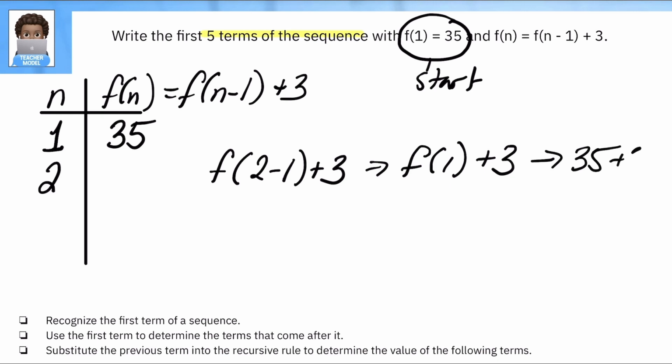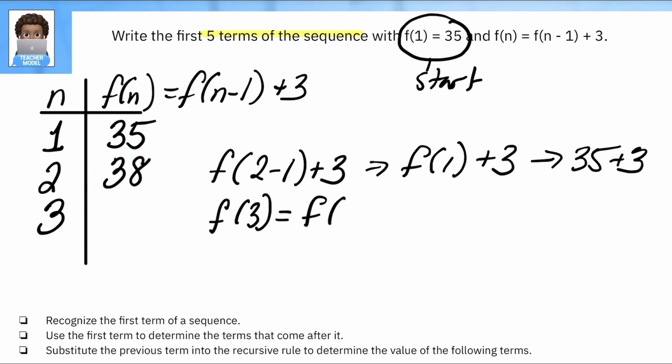So I'm going to do 35 plus 3. And if I want the next number in the sequence, I'm going to do the same thing. I'm just going to take the number before it, and then I'm just going to add 3. So mathematically, f of 3 is equal to f of 2 plus 3, or 38 plus 3. That gives me 41.